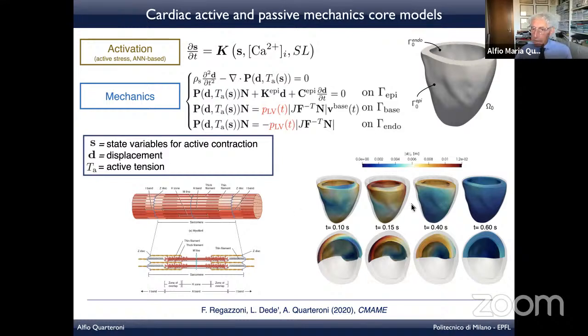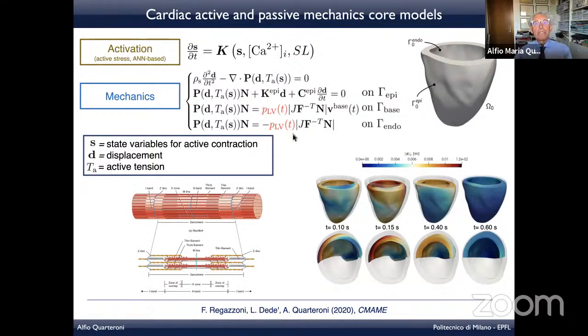So you see here a picture that you can get from the simulation once the system has been solved numerically, and you see at different time levels the deformation of the myocardium. We go here from 0 up to 1.2 centimeters. So this is the first.